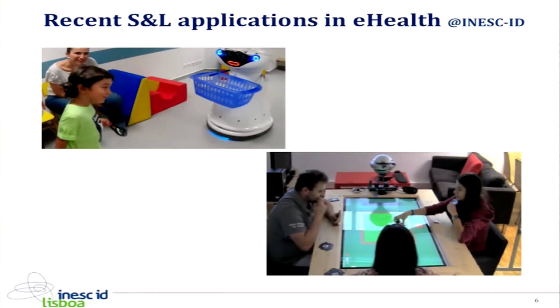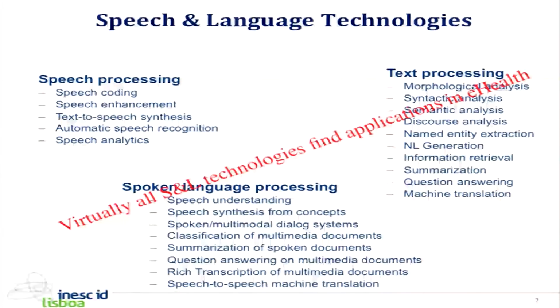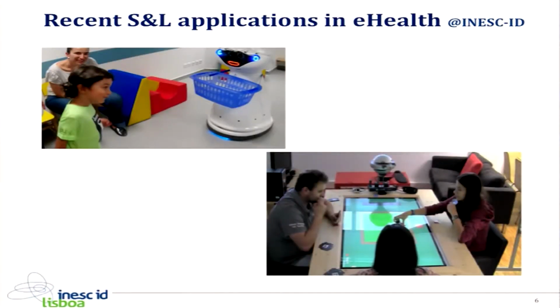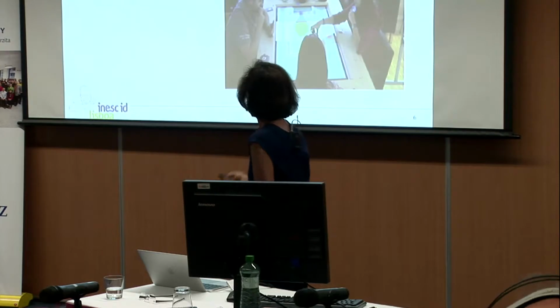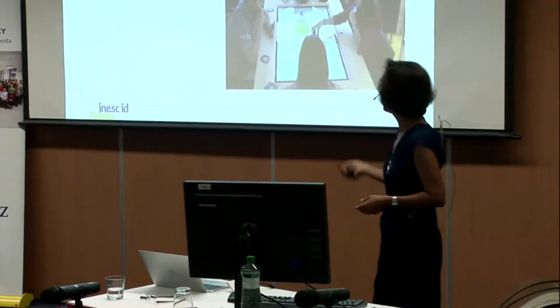Of course, we also tried to do applications in which there was interaction with robots, namely with autistic kids. That's the robot of our university, at that time with no arms, only a basket.